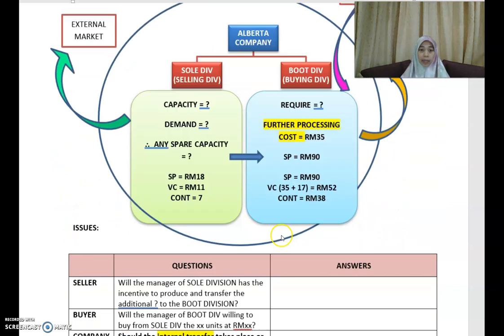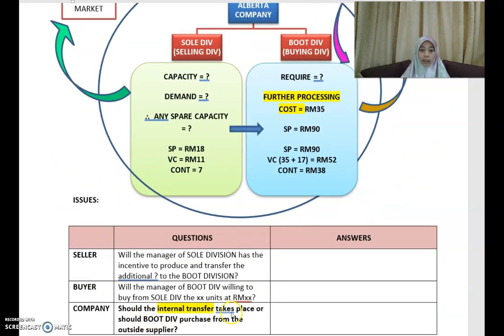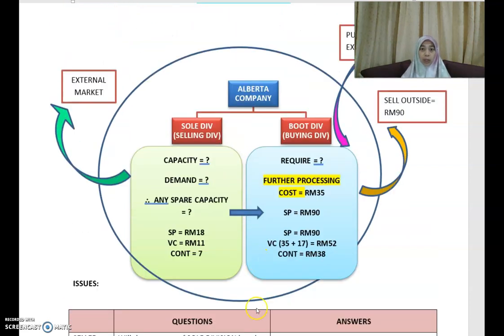But for the company as a whole, should the internal transfer take place or should boot division purchase from the outside supplier? Now you are looking from the company as a whole. From the company as a whole, how much is the cost? The cost is only 11.